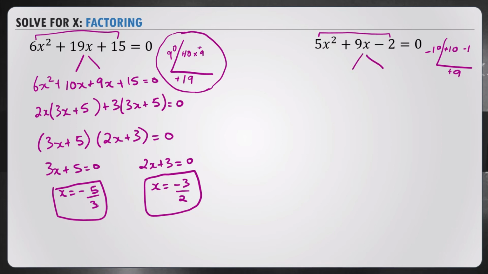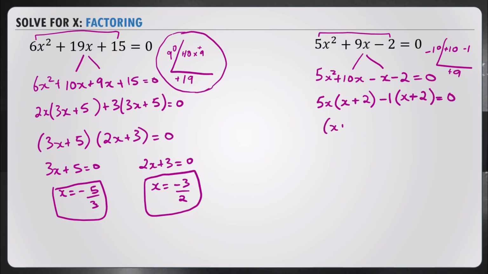So let's split this into 10x minus x and bring down the rest of the equation. What's common is 5x plus 2 minus 1. When you multiply by minus 1, be careful, this turns into positive, is equal to 0.